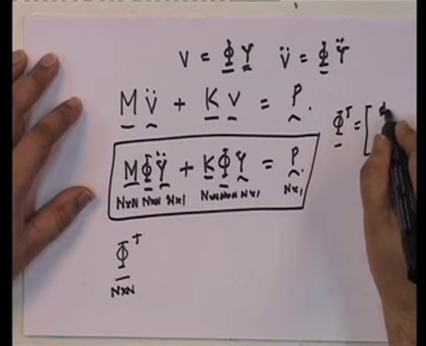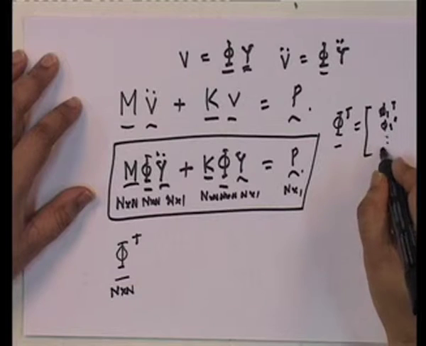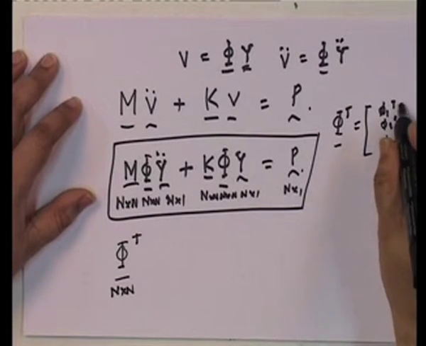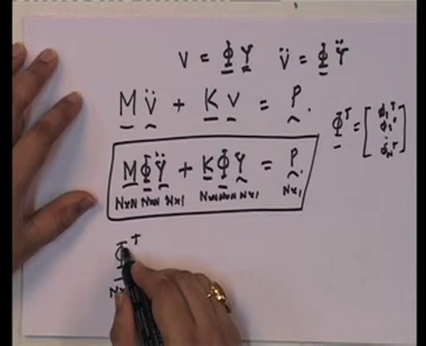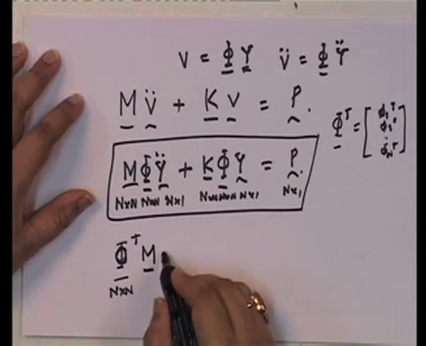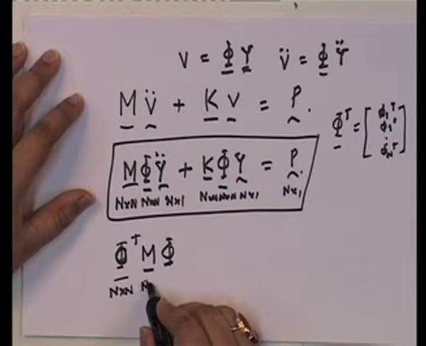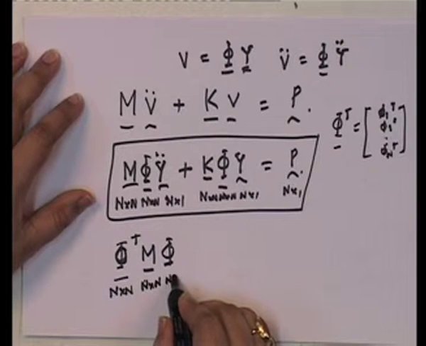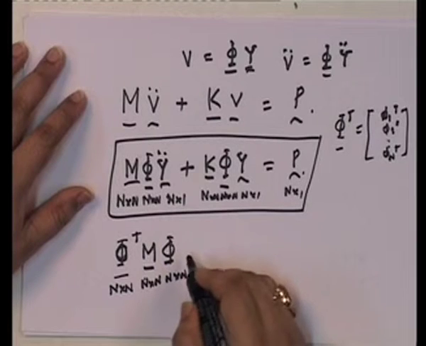Its row vectors are phi 1 transpose to phi n transpose. This is what this n by n matrix is. So, phi transpose into m into phi. This is an n by n, this is an n by n.